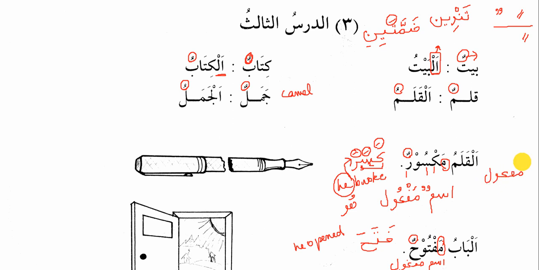This is the scale they follow every time for ismun maf'ul. When you want to make an ismun maf'ul from a particular noun, you will follow this scale. So all these you will learn in morphology or sarf, and there is a lot of morphology in Medina Book 3. Inshallah, we will learn, but for now, concentrate on this lesson.